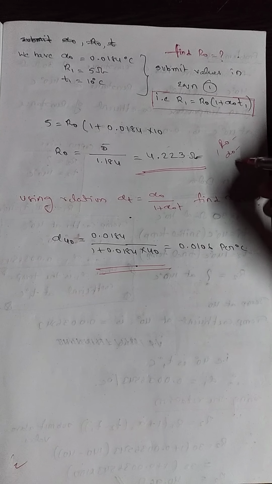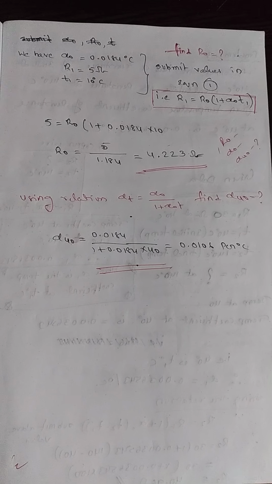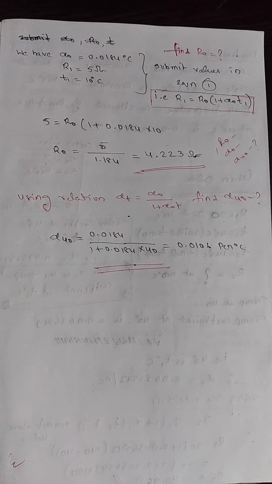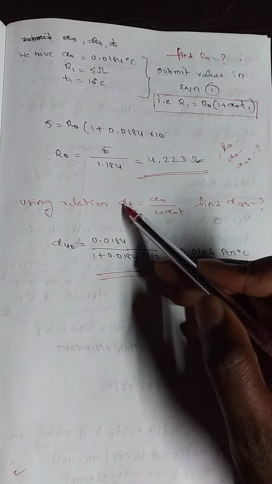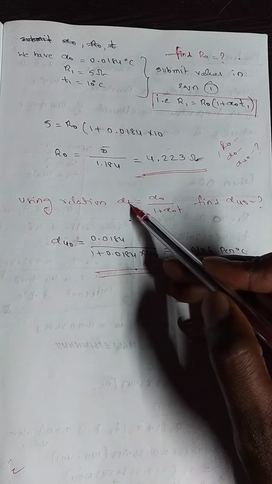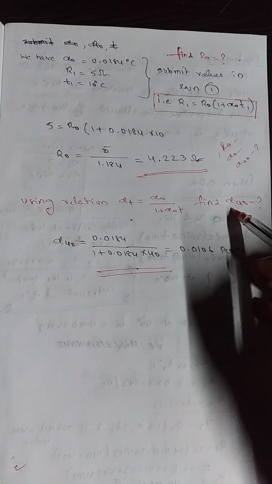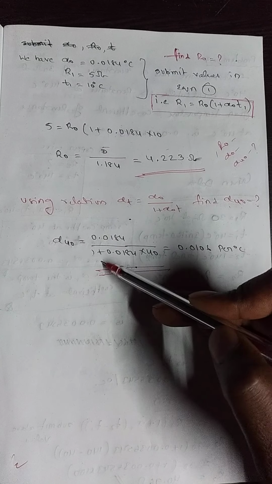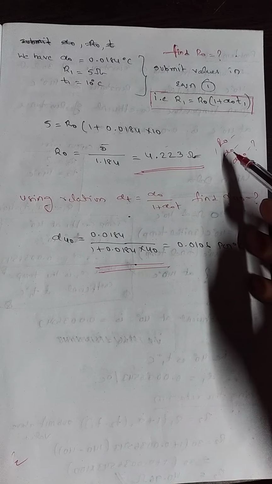Finally, we have to find alpha 40, the temperature coefficient at 40 degrees. Using the equation alpha T equal to alpha naught by 1 plus alpha naught T, alpha 40 equal to alpha naught, which we know, divided by 1 plus alpha naught into the temperature.